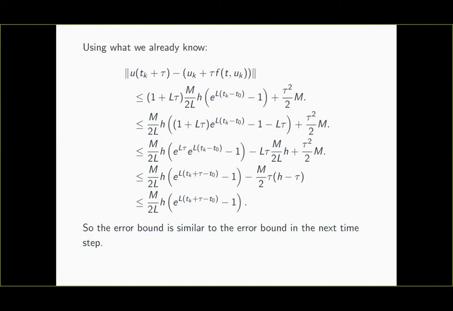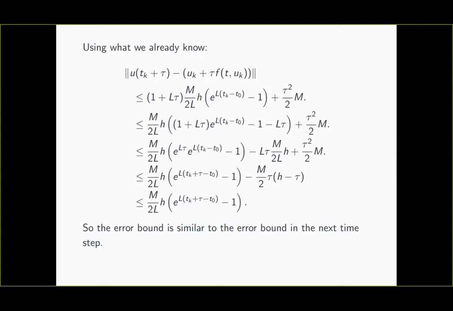Okay, now one more nasty trick is that h minus tau, of course, is non-negative. So this term at the end that I subtract is certainly non-negative. So if I just skip it, if I just remove the term, then I get an upper bound that is still valid.